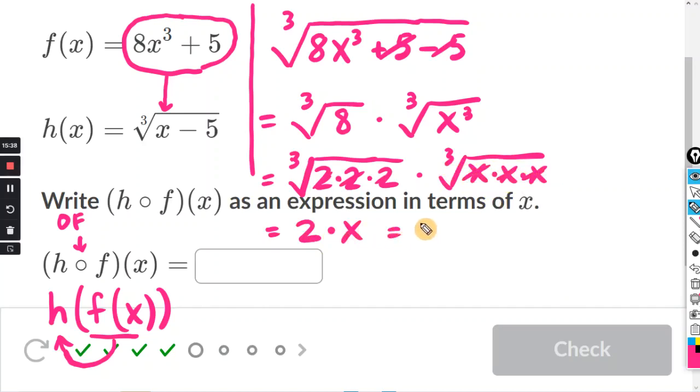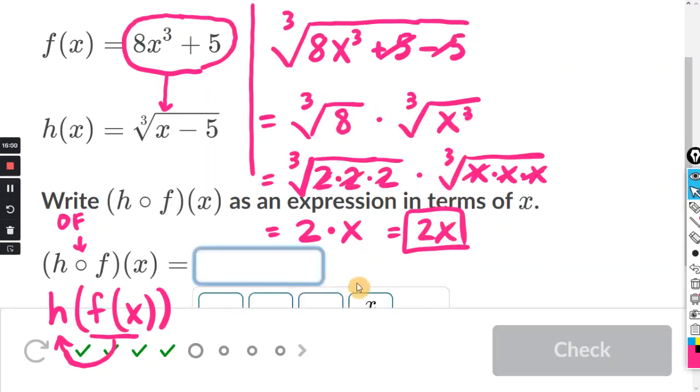So 2 times x is just 2x. Okay, this was an unnecessary step. I just wanted to unpack these and show you what I was doing. But the cube root of 8 is 2 because 2 to the third is 8. The cube root of x to the third is x. So that is just 2x.